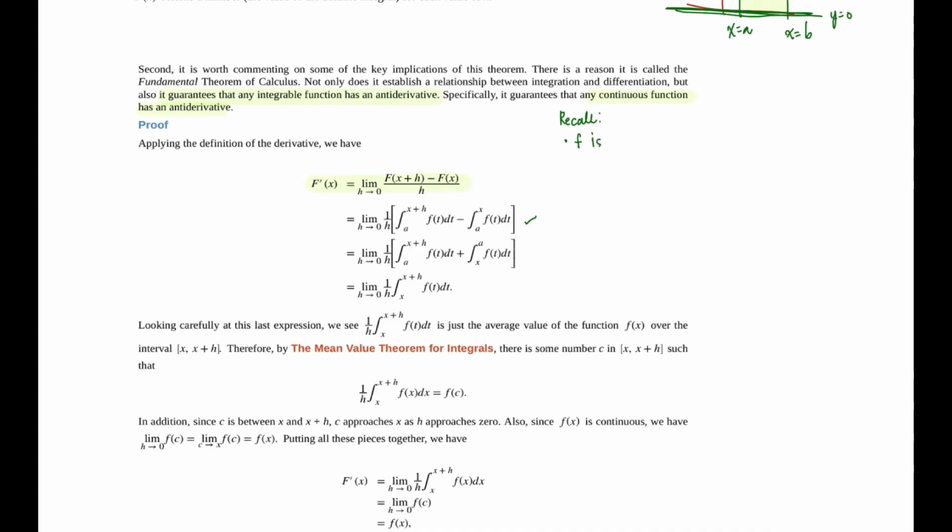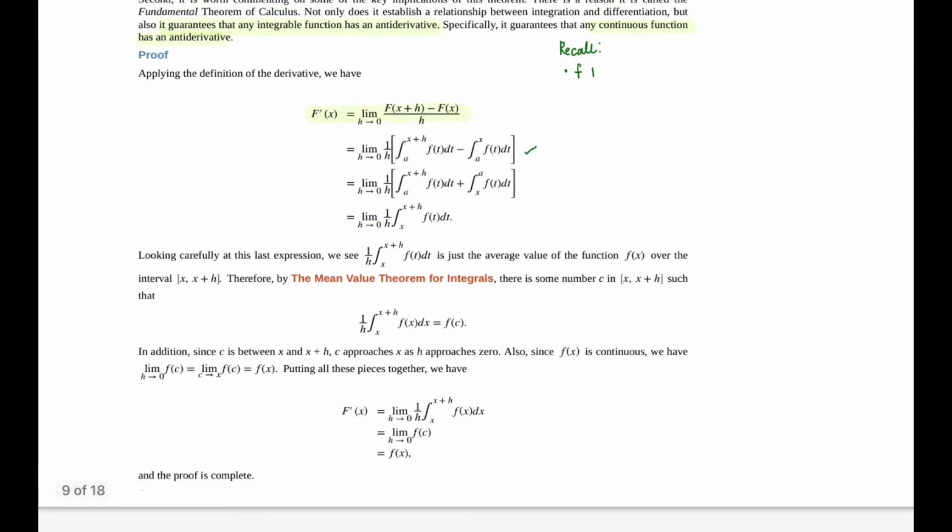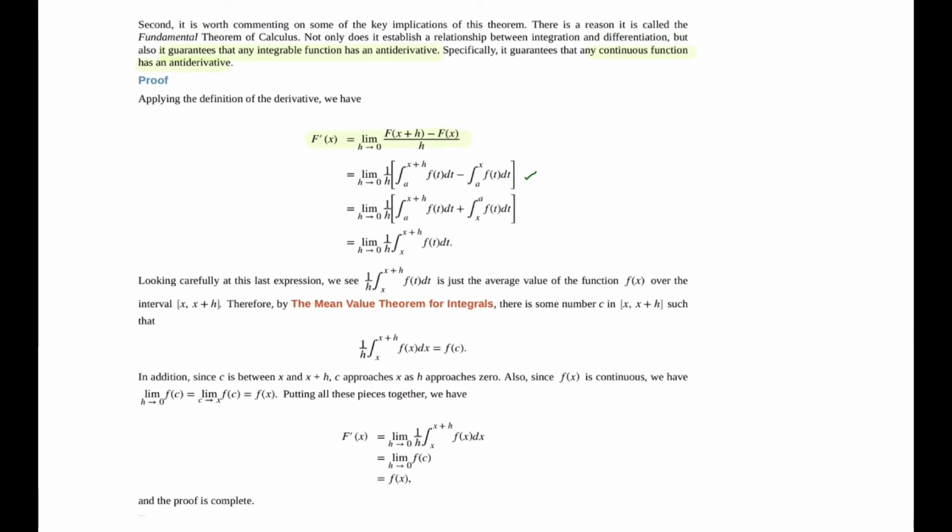Small f of x is continuous on the closed interval [a, b], and big F of x is defined to be the integral from a to x of f of t dt.